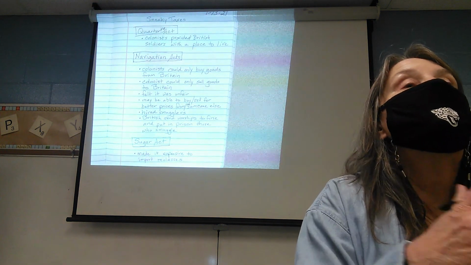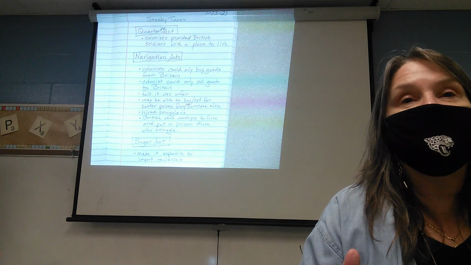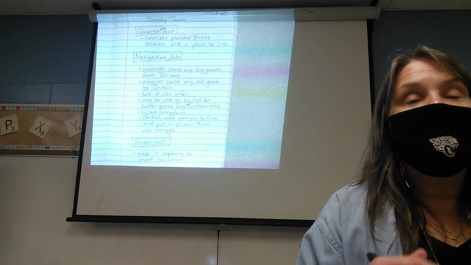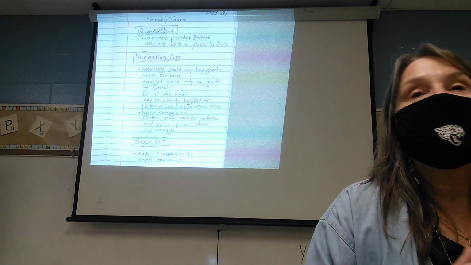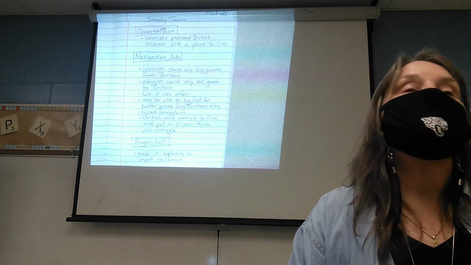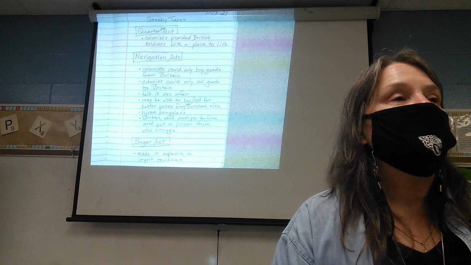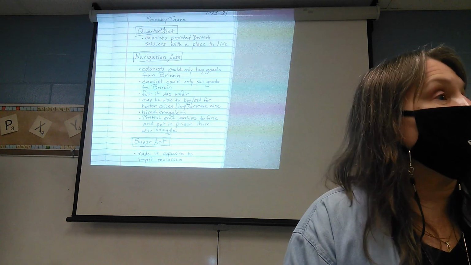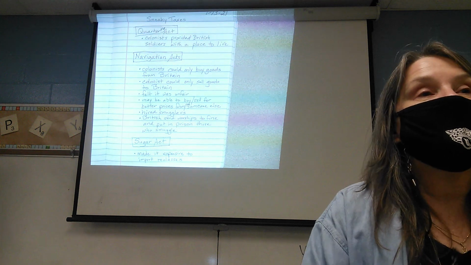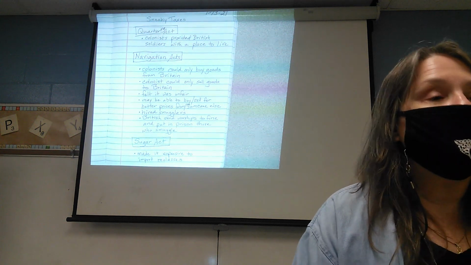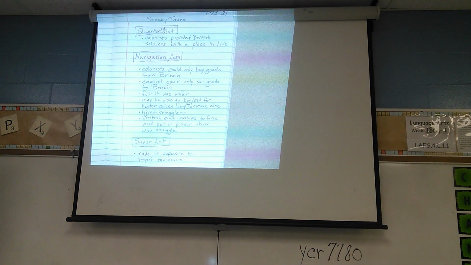Now, if you need to move it to a fresh page, that's fine. If you can do it with any space that you have nearby, that's also fine. Just make sure that in your notes, you have where that information came from, the title of the book and the chapter. All right, go ahead and move and get into place and begin working.